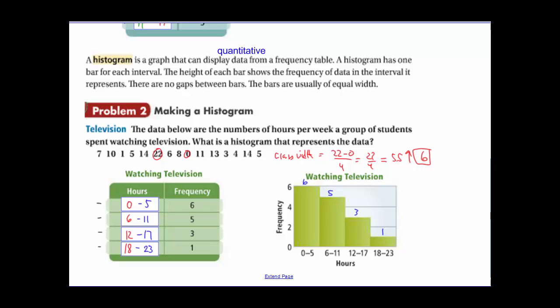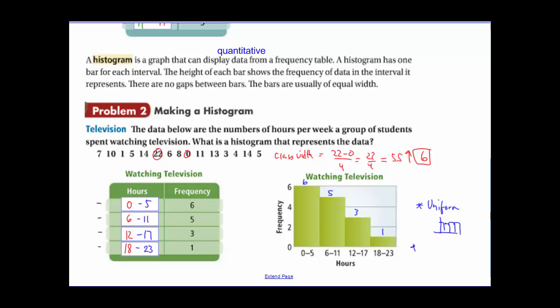If we look at our histogram, there are a couple things that we need to take note of. This forms a particular shape. Our histograms could look uniform, which is bars that are roughly equal in height, straight across.